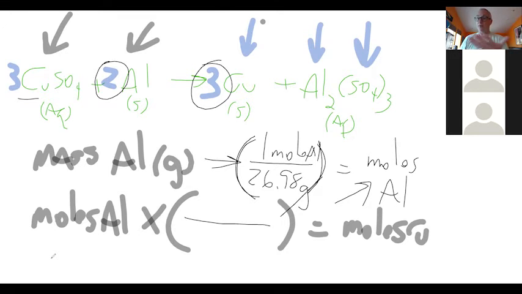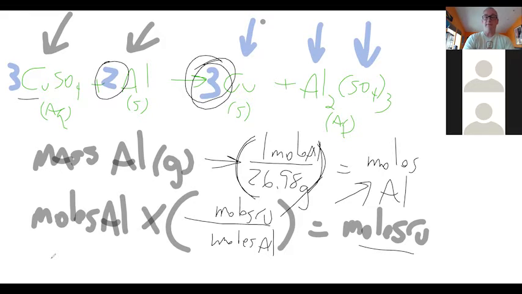Bingo. Right. I put moles of copper on the top because that's what I want, and moles of aluminum on the bottom. I look at my balanced reaction and moles of copper is 3, moles of aluminum is 2. So don't rush it and say it's 2/3, because it actually isn't.